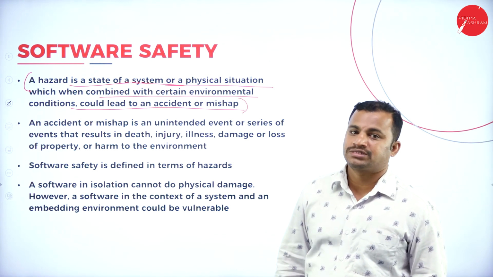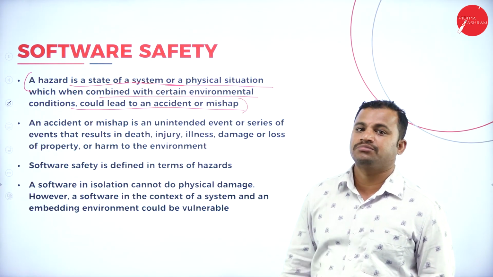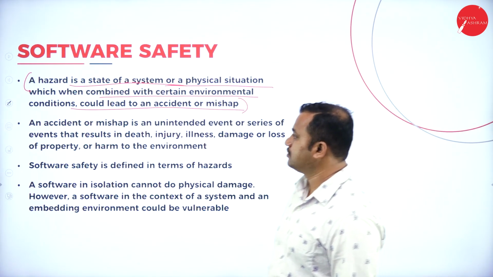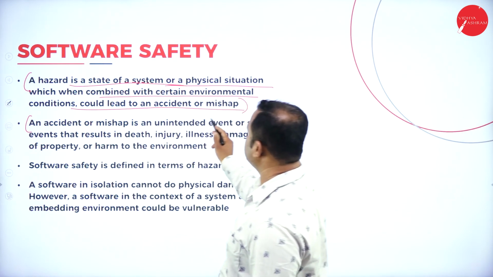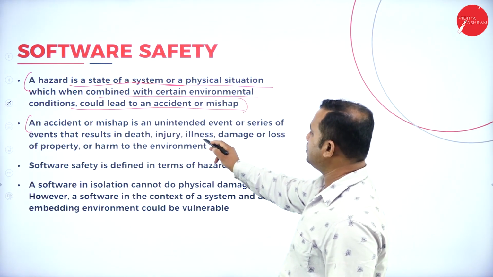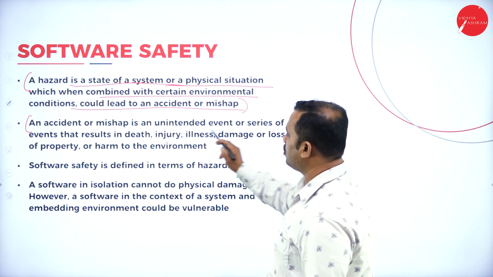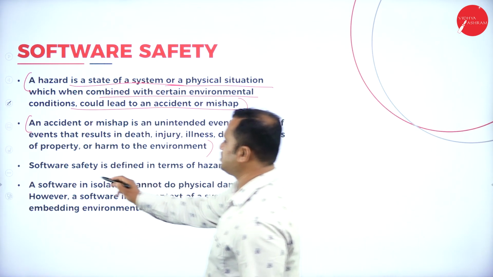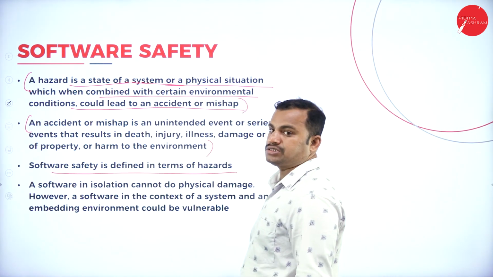The performance of the system also degrades. That has to be controlled. An accident or mishap is an unintended event or series of events that results in death, injury, illness, damage or loss of property or harm to the environment. So software safety is designed in terms of hazards.